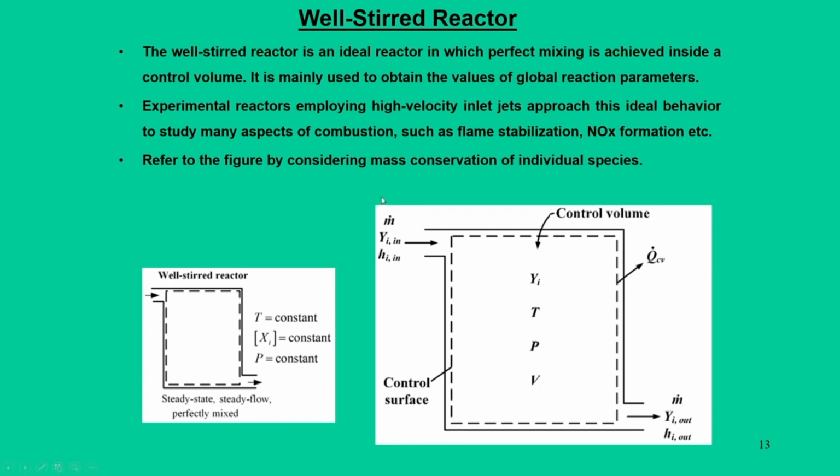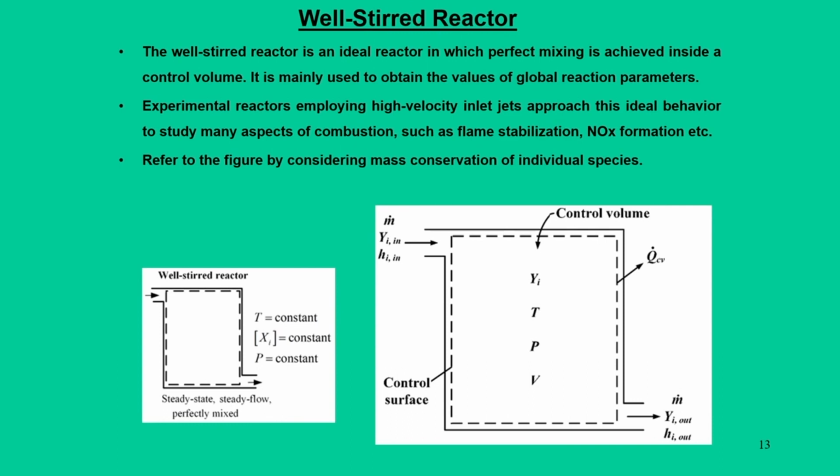At the inlet we have a certain mass flow rate, mole fractions, and enthalpy. At the outlet also you have the mass flow rate, mole fractions of species, and enthalpy. So, it is considered an ideal reactor in which perfect mixing is achieved inside the control volume, and it is mainly used to obtain the values of global reaction parameters.